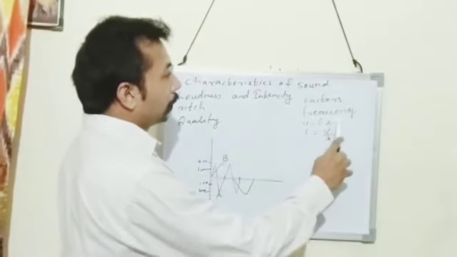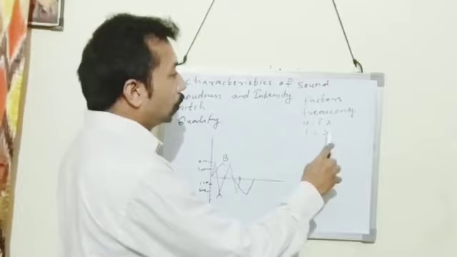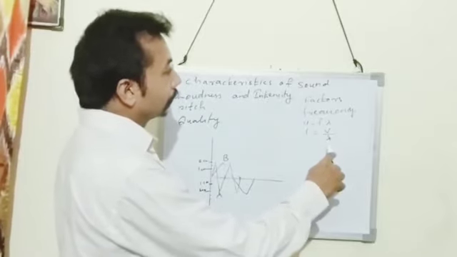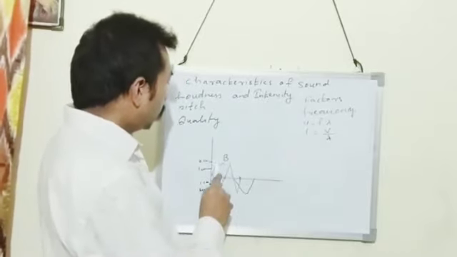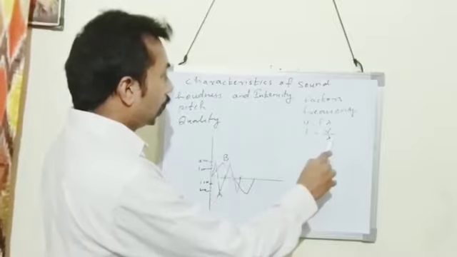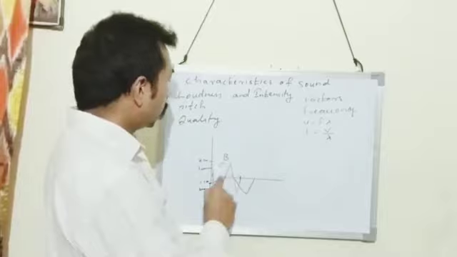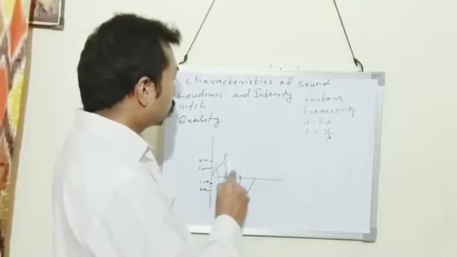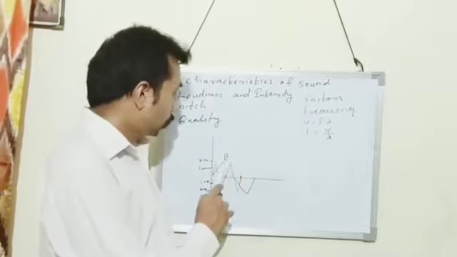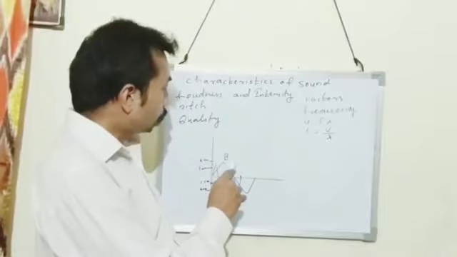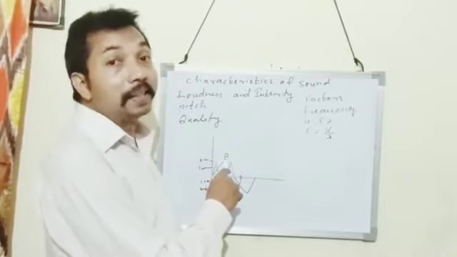V is equal to f lambda, so frequency is equal to velocity upon wavelength. So the wave A has a less wavelength, so the frequency of wave A is more than B.